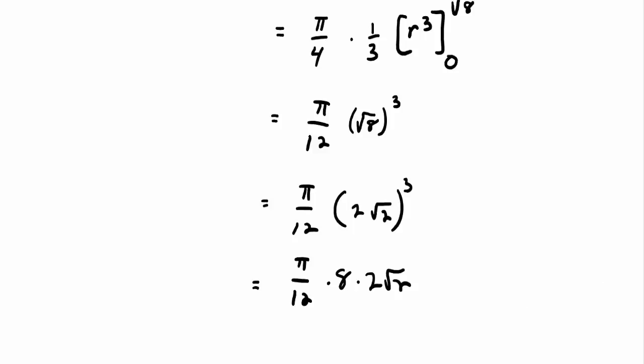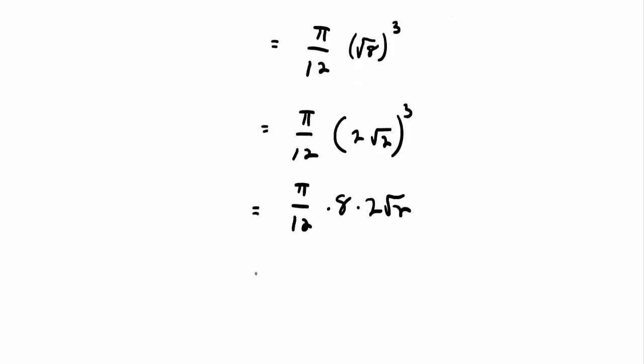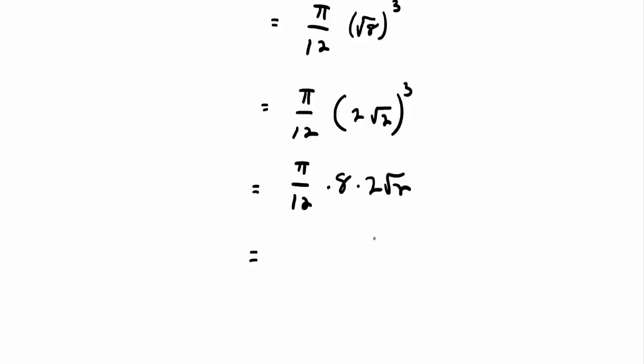So what do we end up with when all is said and done? We end up with 2/6, and then 8/6 is really 4/3. So how about 4 radical 2 pi over 3? That would be a way to do it.